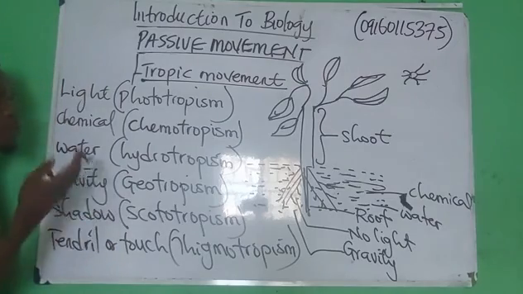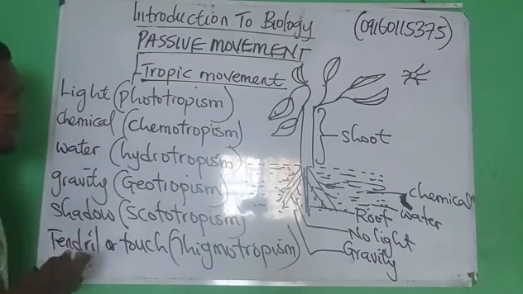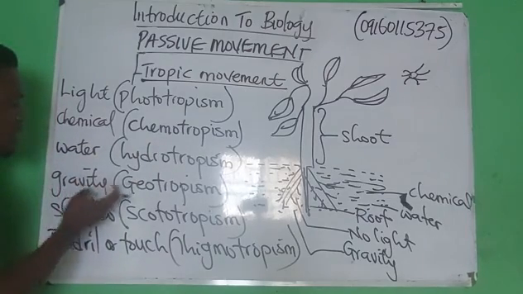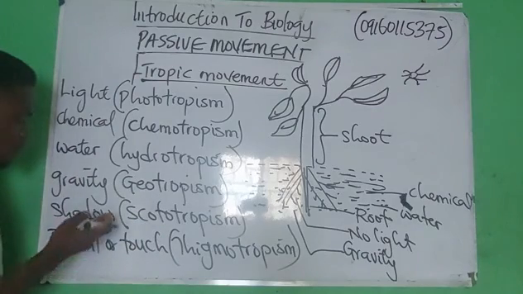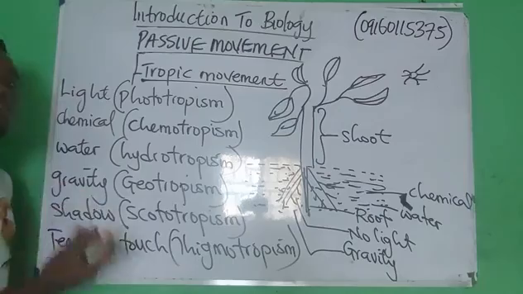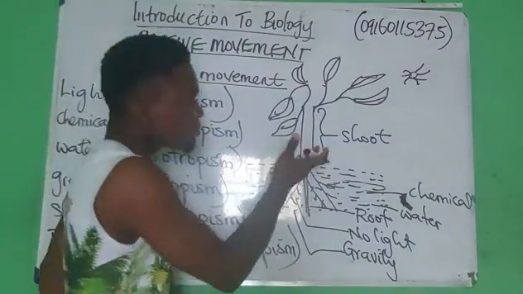I told you response to light is phototropism. Response to chemical, chemotropism. Response to water, hydrotropism. Response to gravity is geotropism. Response to shadows, scototropism. Response to tendril or touch or contact, it is called what? Thigmotropism.